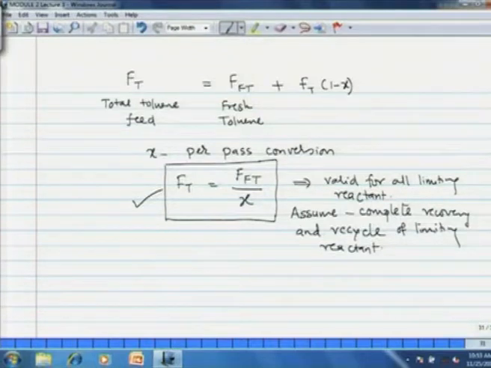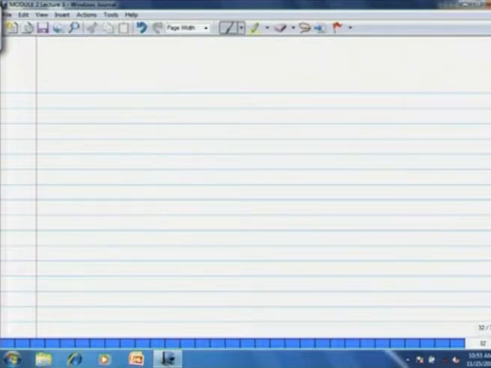We now see example of ethanol manufacture by hydration of ethylene.